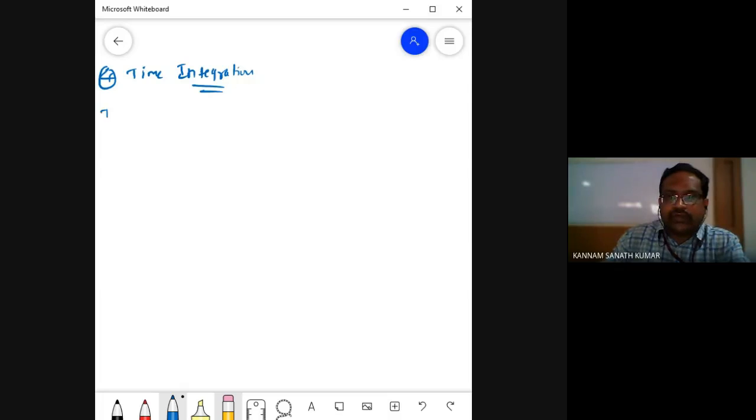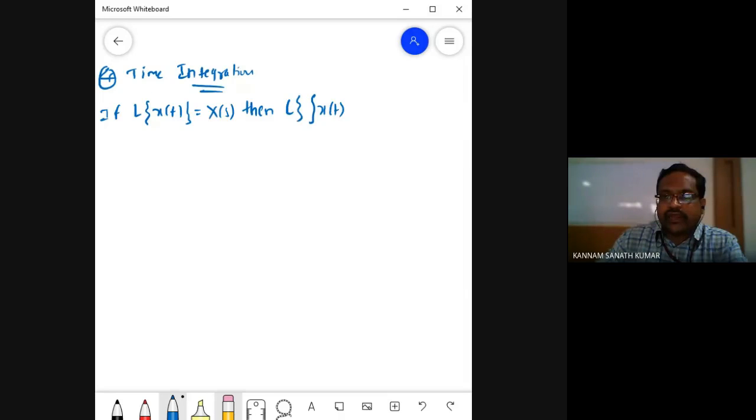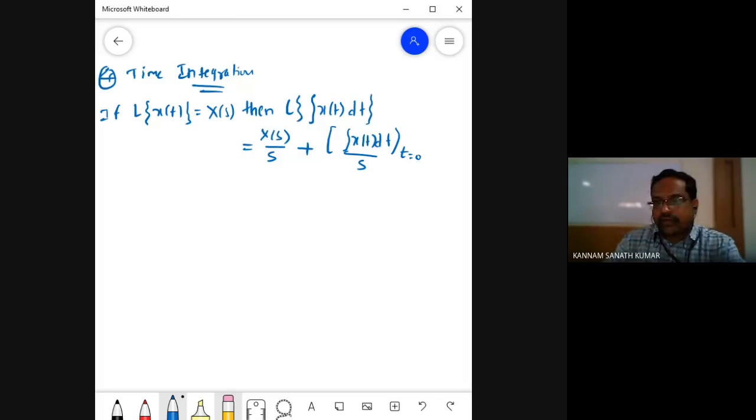If Laplace transform of x of t equal to x of s, then Laplace transform of integration of x of t dt equal to x of s divided by s plus integration of x of t dt by s at t equal to 0. So this you have to get.